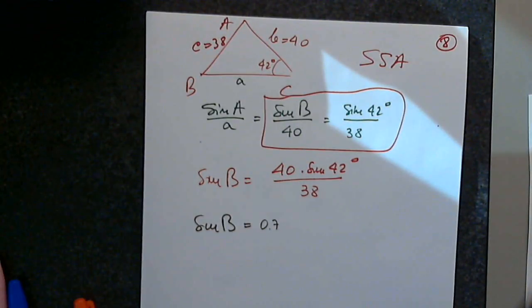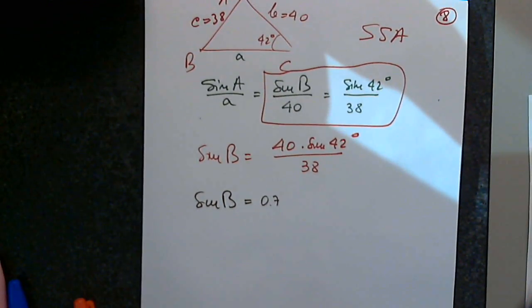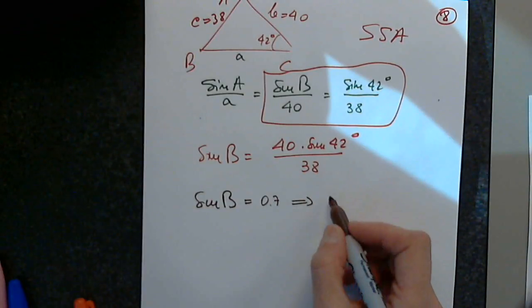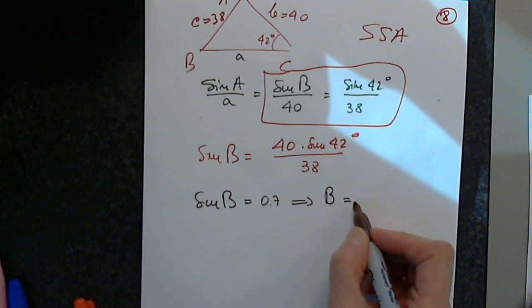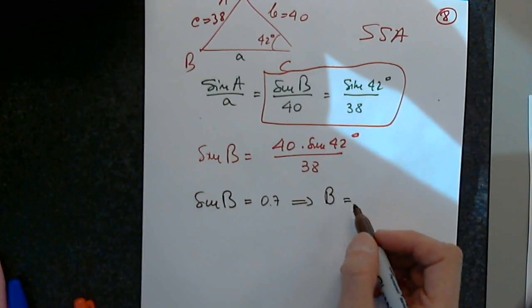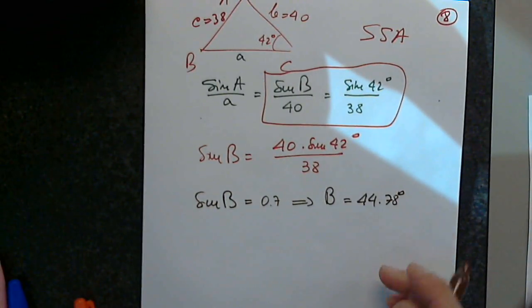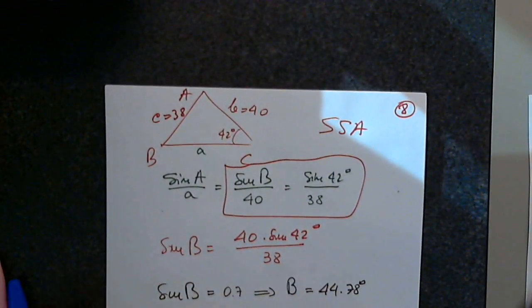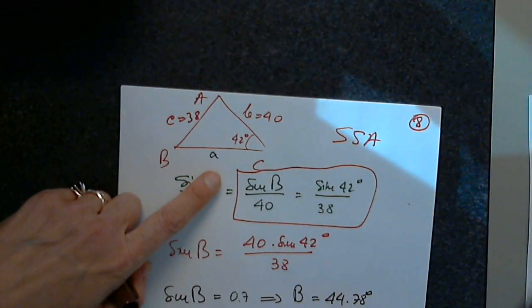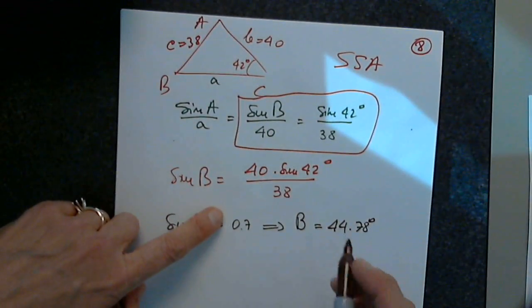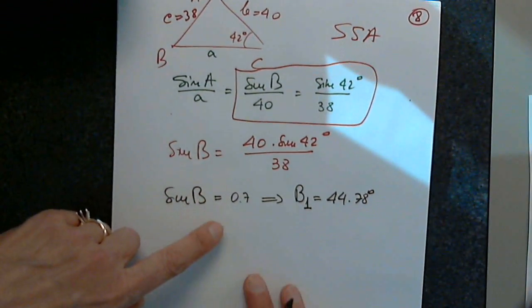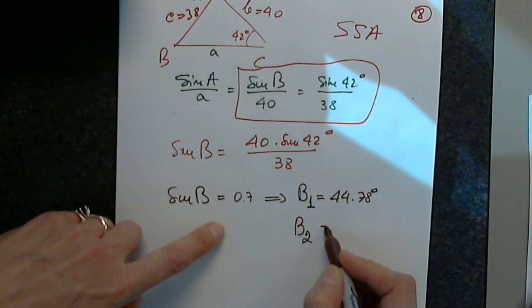Yeah, I just checked. So it's 0.7? Okay, very good. So then from here we will determine B to be about 44.78 degrees. Very good. So if this is 44, I'm going to call it B1. What could be B2?